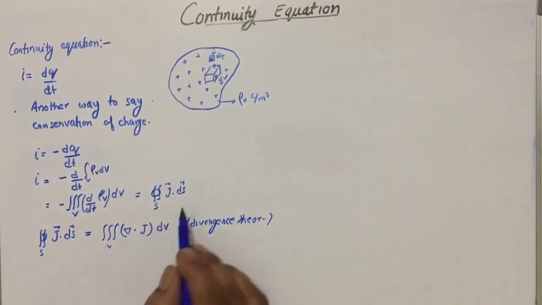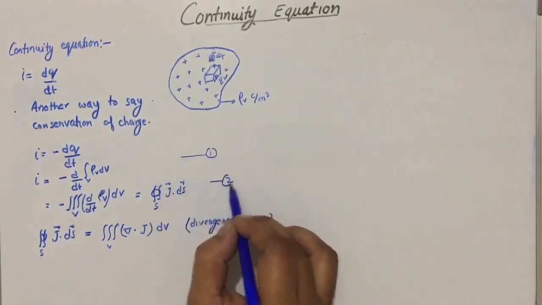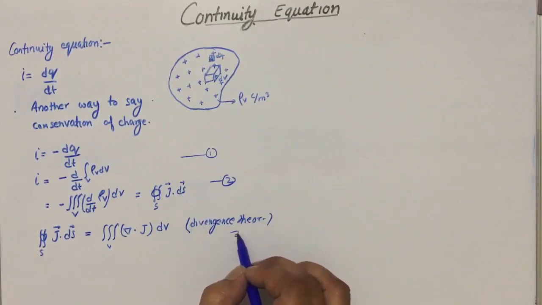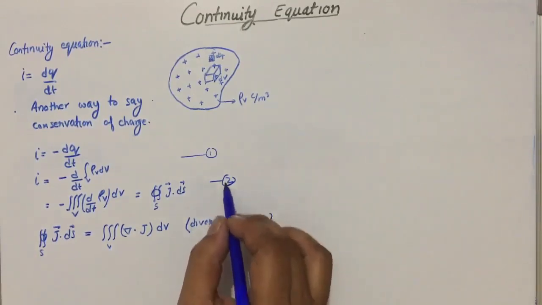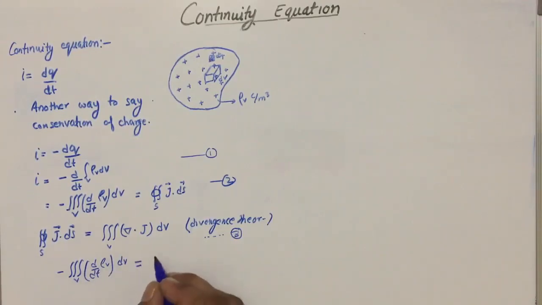This is the first equation, this is the second, and this is the third. If we relate equations 2 and 3, then we can say minus the volume integral over the entire volume of d over dt rho v dv is equal to the volume integral of the divergence of J dv.